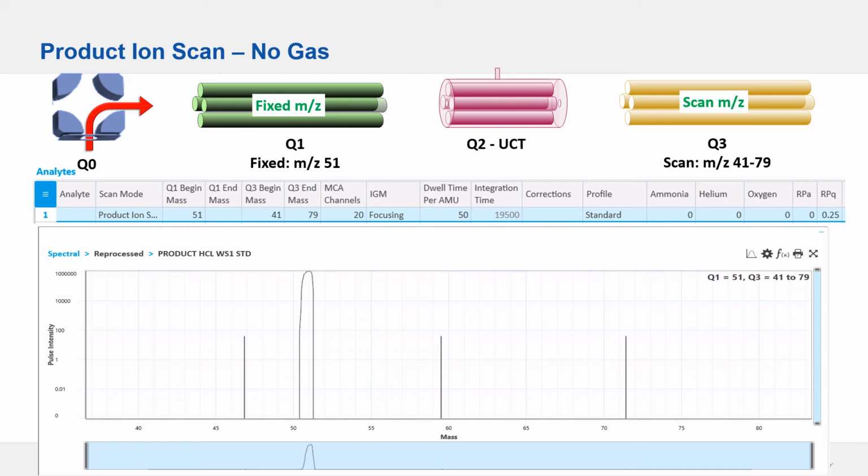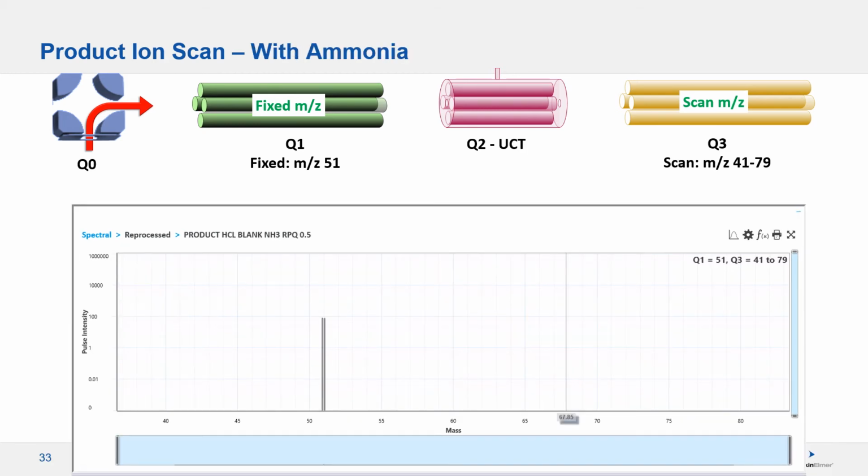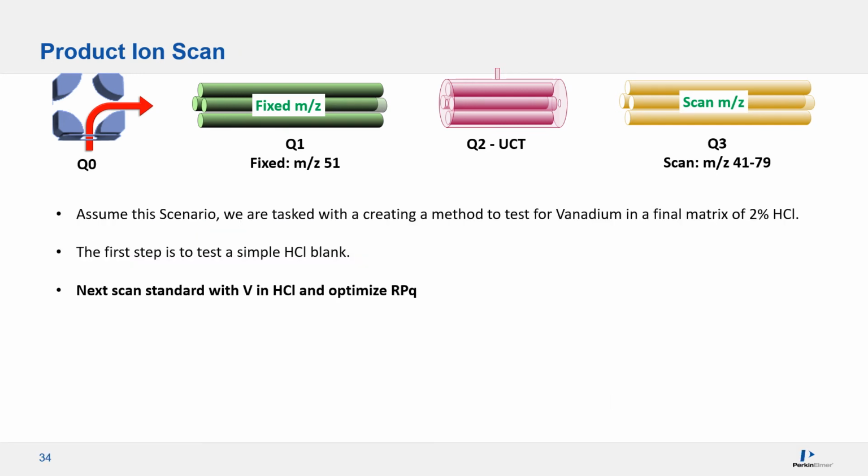As you see, the ClO interference at 51, as you would predict. When we add ammonia, that is significantly reduced. So next, let's scan a standard with vanadium in the HCl and then optimize RPQ.